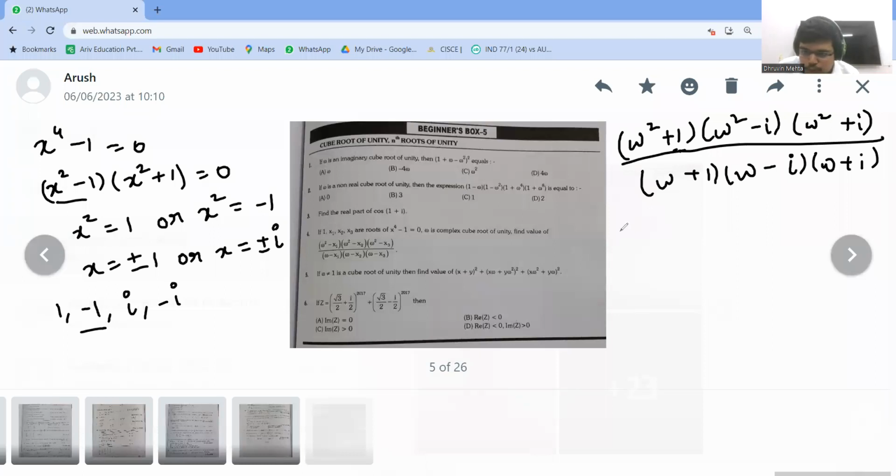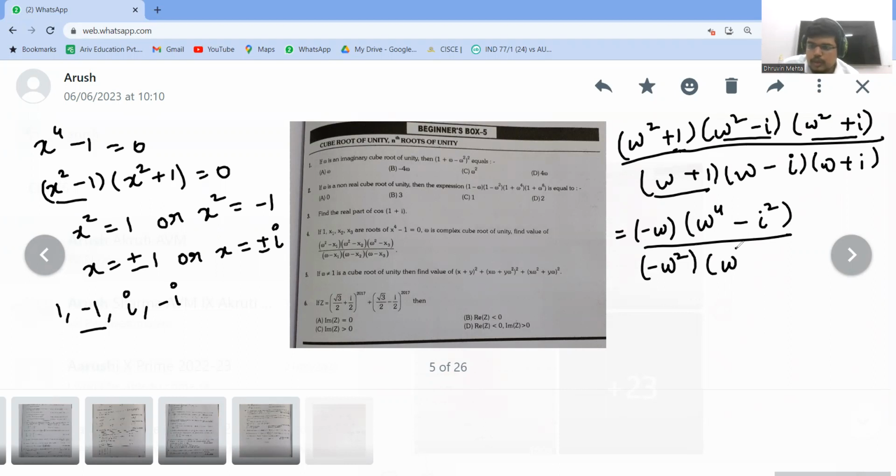Okay, so check this, Arush. You should get, see, omega square plus 1 is minus omega. This is the expansion formula a plus b into a minus b, which will become a square minus b square, that is omega square minus i square. This is minus omega square, and this is also an expansion formula, omega square minus i square.